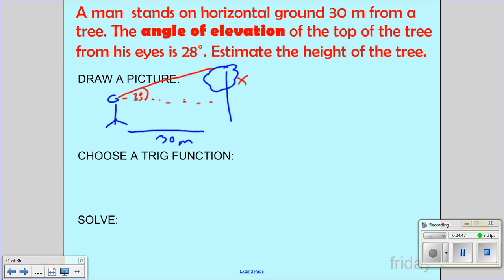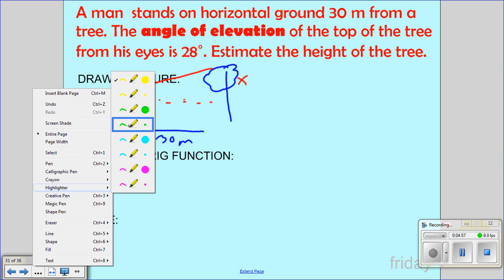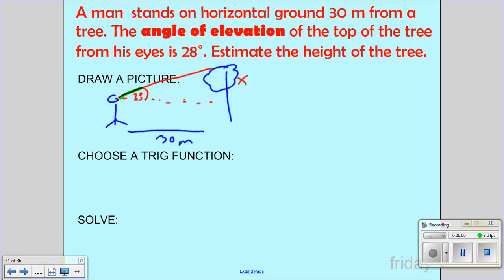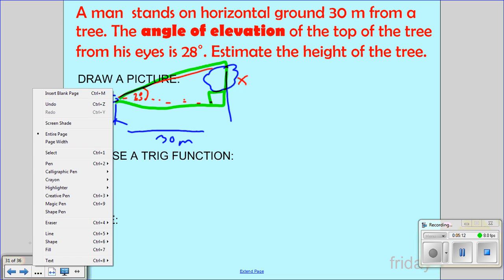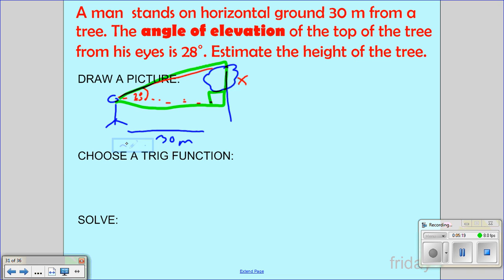We're going to call this x. All right, so when you look at it, here's my right triangle. We know the horizontal distance is going to be 30 meters because that's how far he is from the tree.